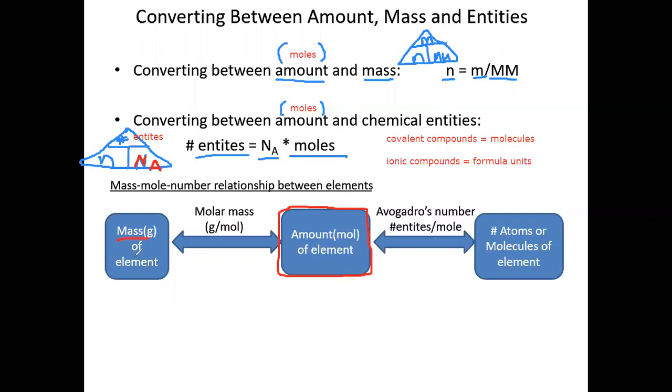So if you're given mass of an element, or mass of a covalent compound, or mass of ionic compound, you would use the molar mass to convert it to the moles of that element, or moles of covalent compound, moles of ionic compound, etc. Then you would use Avogadro's number to convert it to number of atoms, molecules of elements or compound.